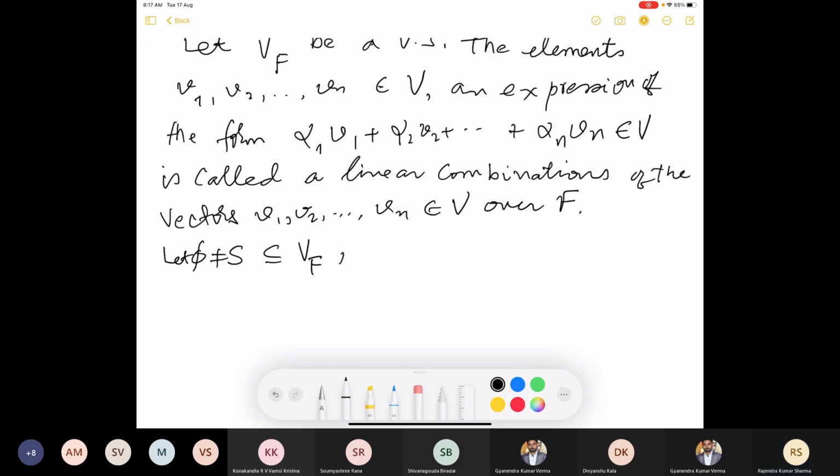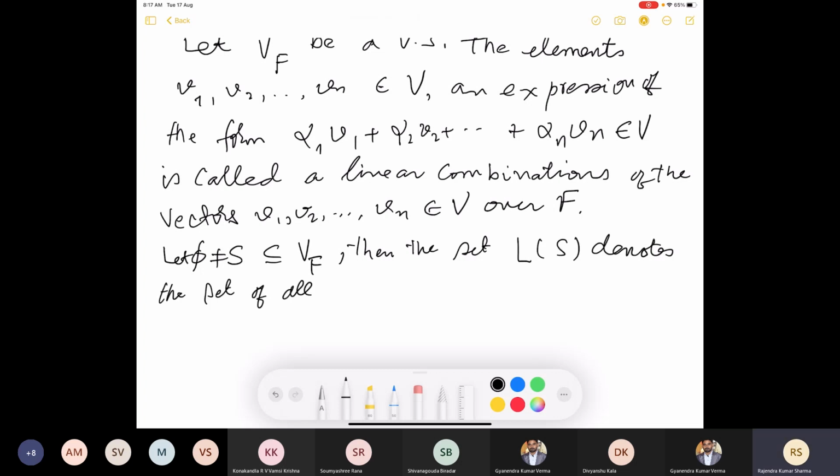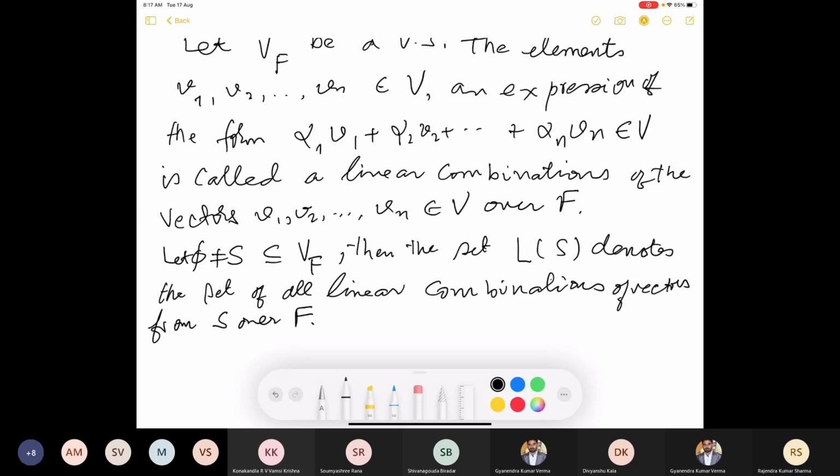Then the set LS denotes the set of all possible linear combinations of vectors from S over F.